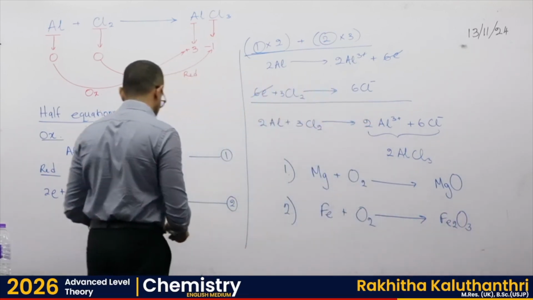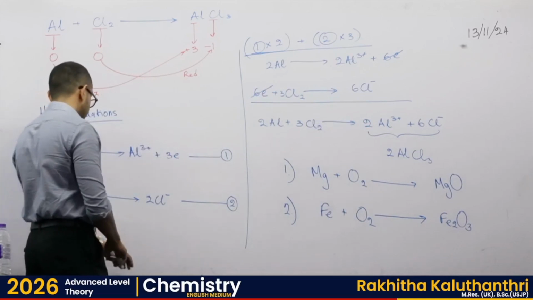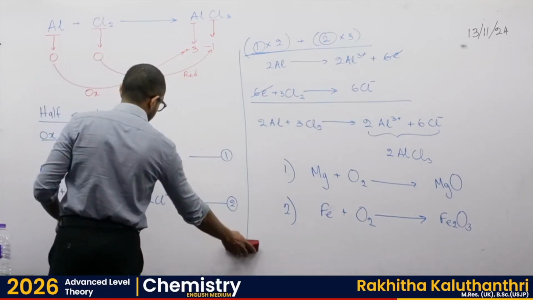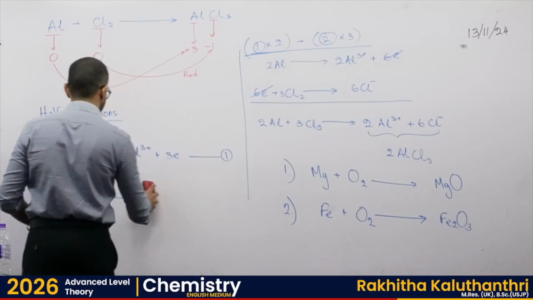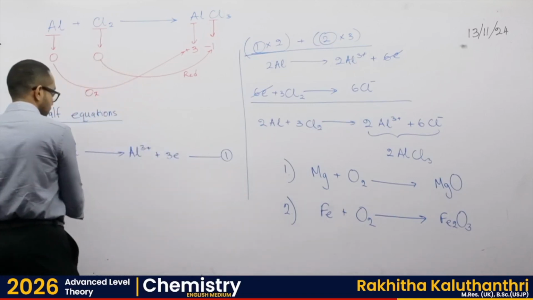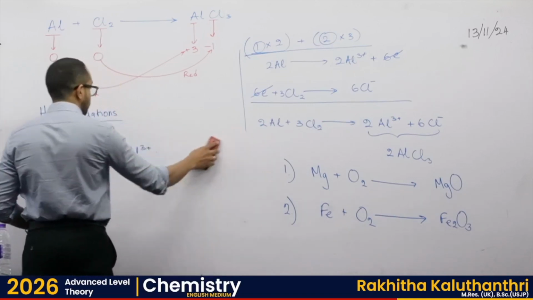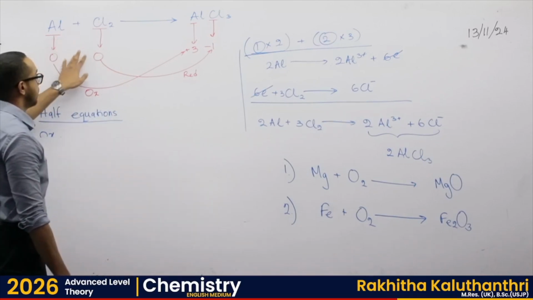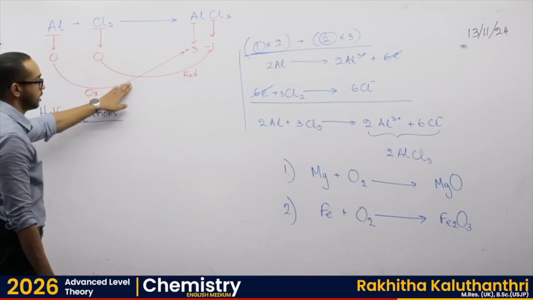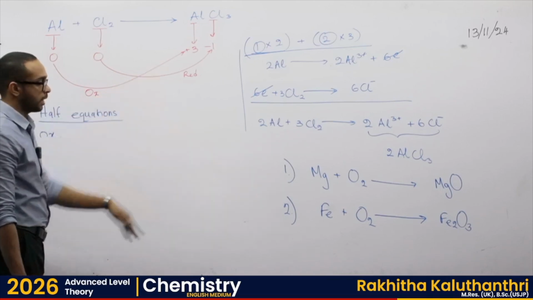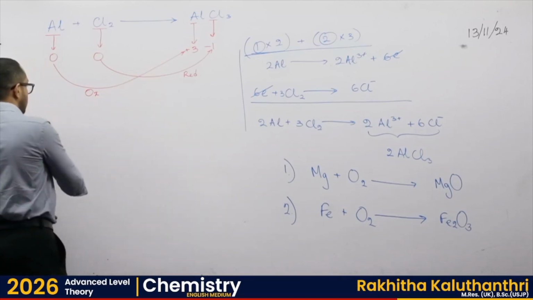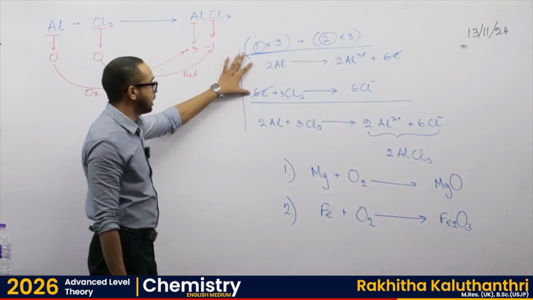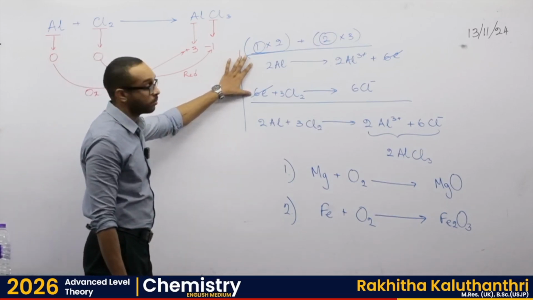Can you please balance this? I want you to do the same. Do the same as we have done here. Write the equation, identify the oxidation numbers, figure out which is oxidizing, figure out which is reducing, and then write the half equations. Right? If you are advanced enough to eliminate this step, go ahead. I don't have a problem.